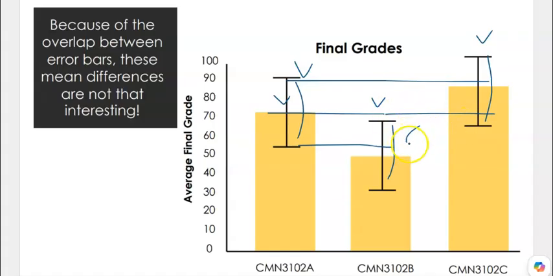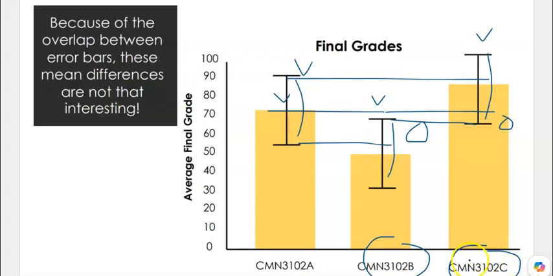However, this person and this person have a big difference because they don't cross. They don't have an overlap between CMN 3102B and CMN 3102C. So between them, you can say that there's a significant difference.